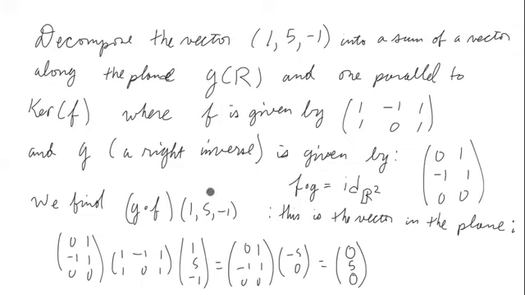A fiber is a line parallel to K, and what the right inverse does is it takes something that's in this line, F takes it to the range, and then when it comes back, it's going to be in the fiber again, but this time on the plane, represented by G of R, where R is the range of F. So the function of the right inverse is to take things that are currently on a fiber and send them down the fiber chute onto the plane.